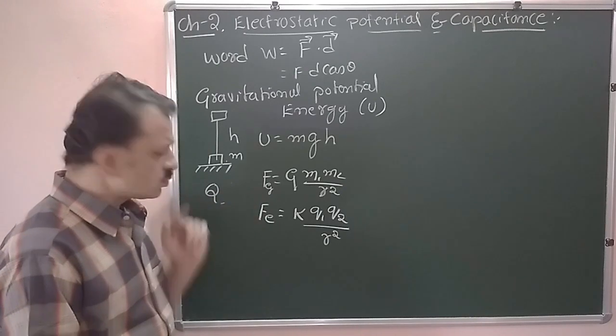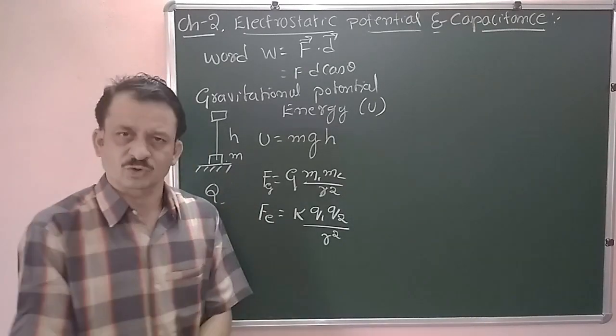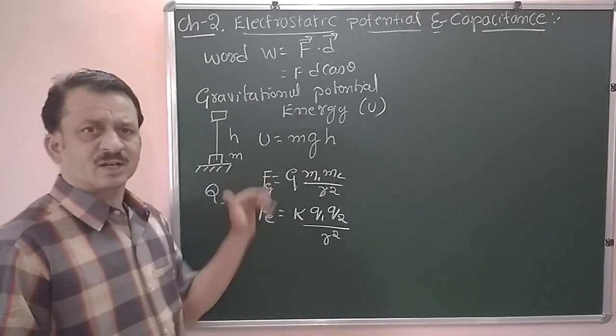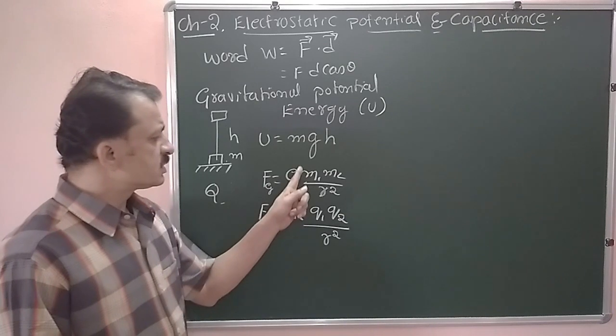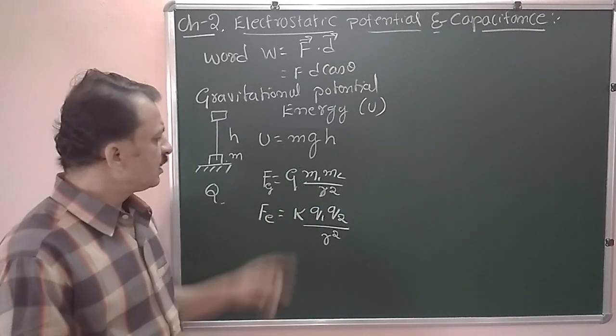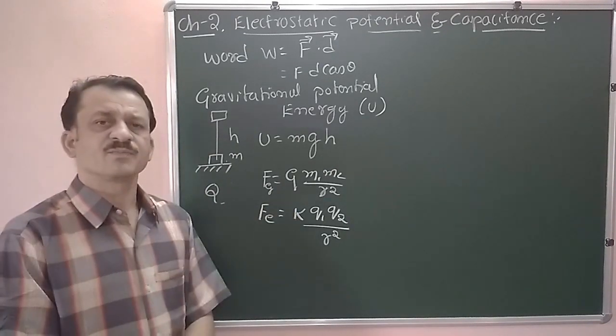Now look here at these two mathematical forms of the gravitational force and the electrostatic force. They resemble in mathematical form. Masses are replaced by charges, and the only difference is the proportionality constant.